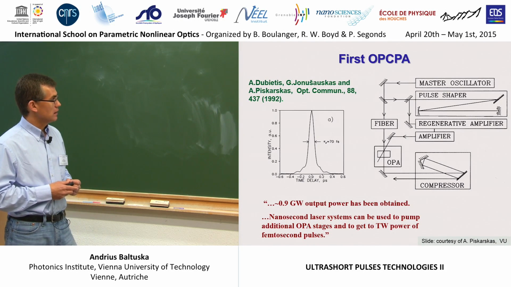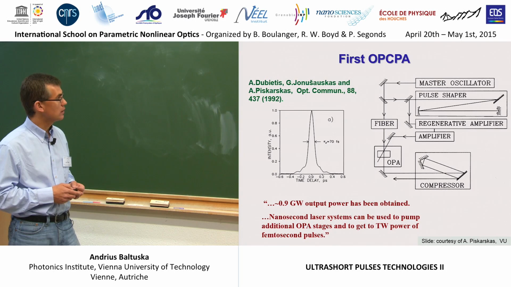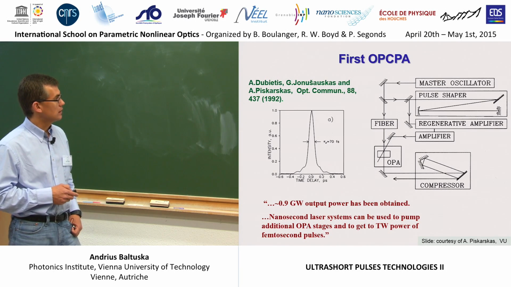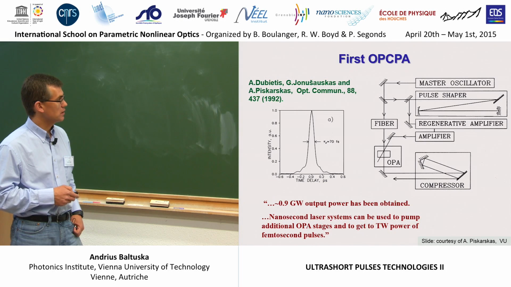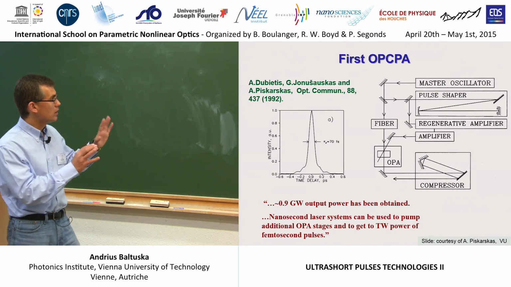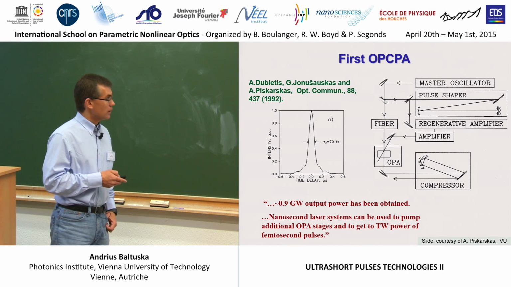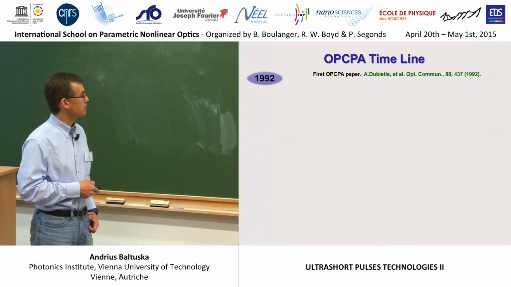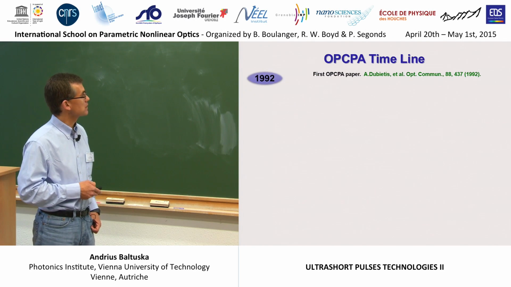And they took a 1 micron laser system, and to create the seed, they created a supercontinuum in the fiber and did this amplification. Since they had a stretched pulse, they had to compress it. So all the ingredients of short pulse parametric amplification were there. And so that marks the first paper.